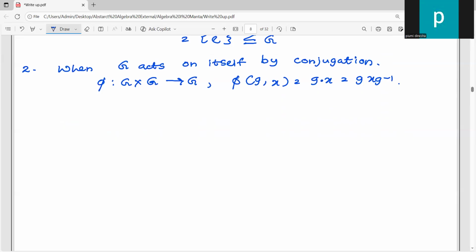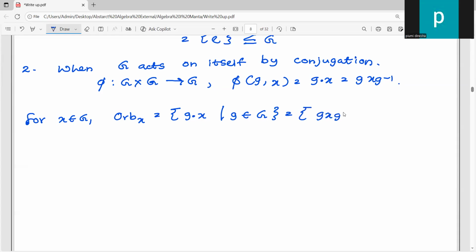Okay, let's take any element x in G and let's find its orbit. This is given by g dot x for every g that you take from the group. g dot x is simply gxg inverse, where g comes from G. Now this orbit has a special name.